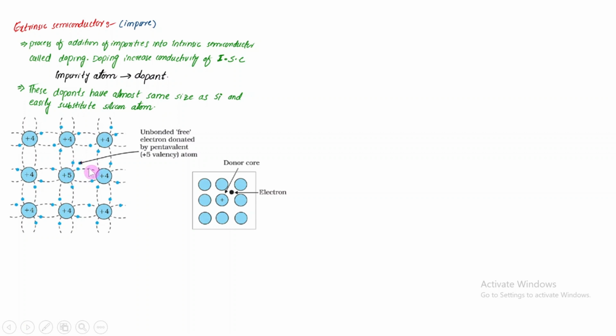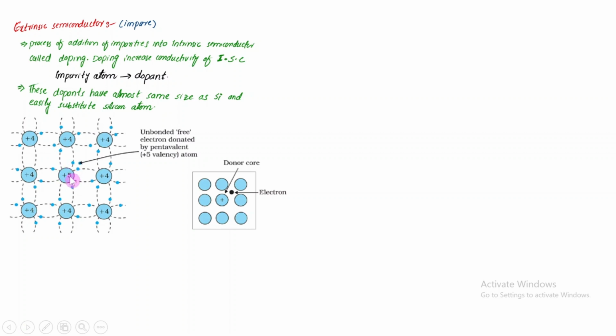Now we have electrons in majority here, so we call this sort of material an n-type semiconductor.